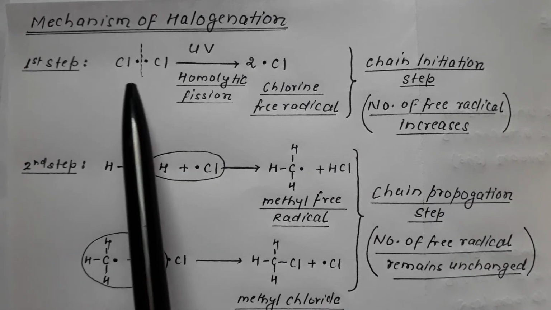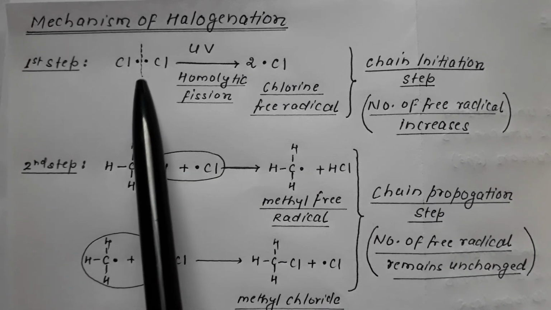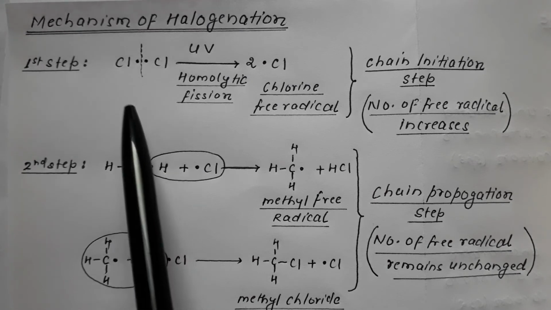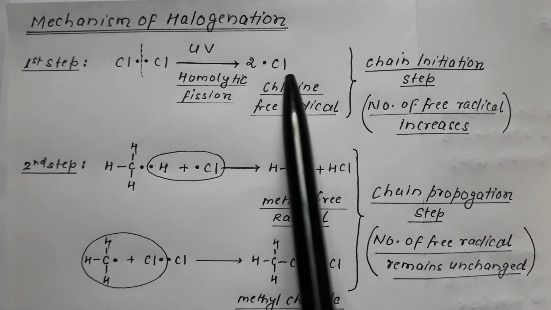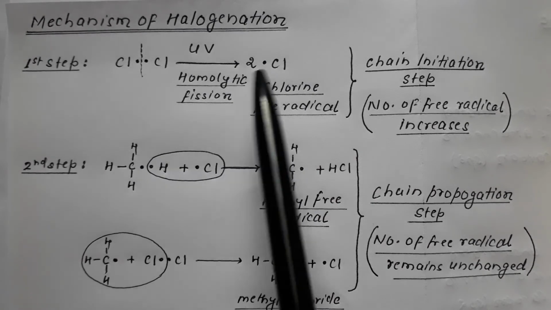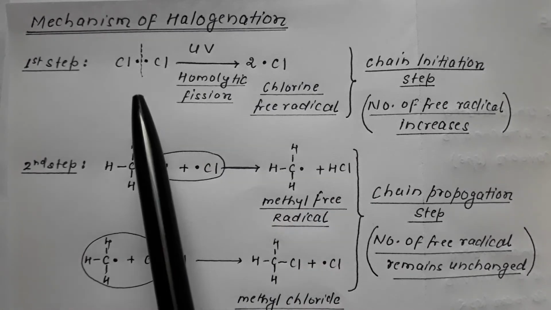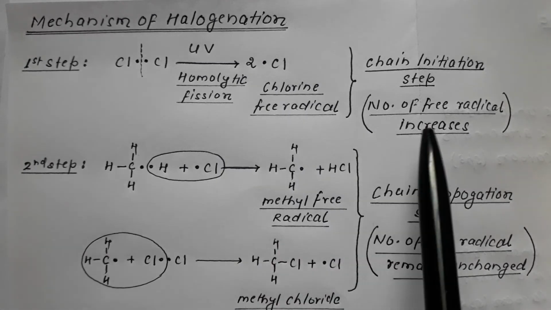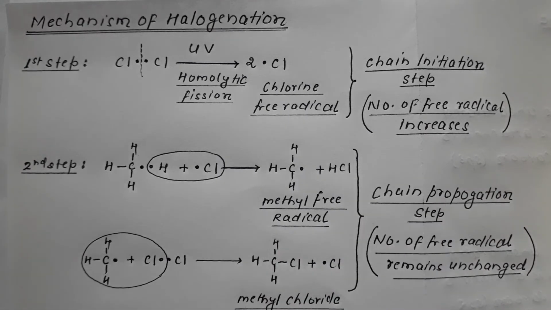On the reactant side there are 0 free radicals. On the product side there are 2. There are 0 free radicals on the reactant side and 2 free radicals on the product side. 0 is becoming 2, that is, the number of free radicals is increasing.